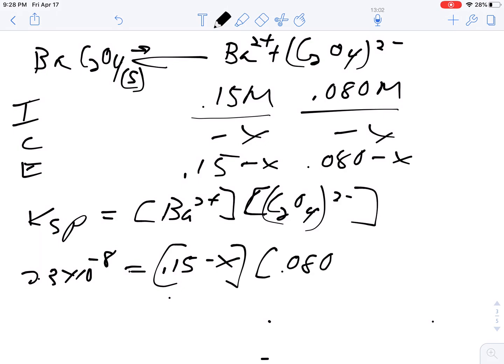My equilibrium concentration here is this. All right. We cannot get rid of the x's. They are not too small. We must use the quadratic equation.